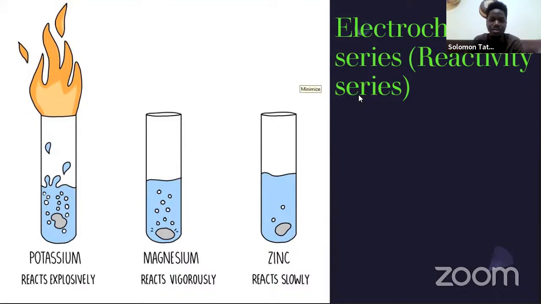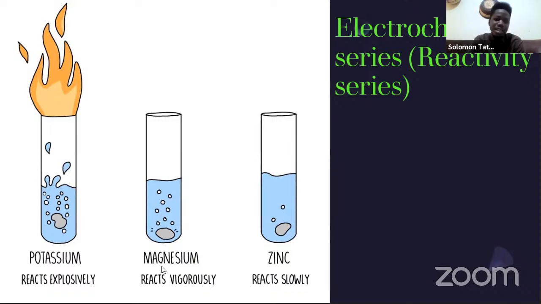So now today we shall look at how different elements react with oxygen or attract oxygen molecules. I have an example here of how some metals react. Some metals react explosively, meaning there is a lot of heat produced.